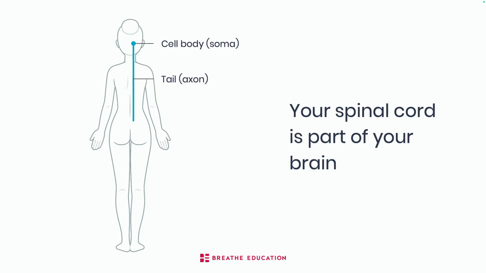So that axon of the neuron that's in your brain finishes at whatever level. Let's say this is the nerve that's going to go down your leg. The cell body's in the brain, the axon goes down the spinal canal and ends inside the spinal canal.